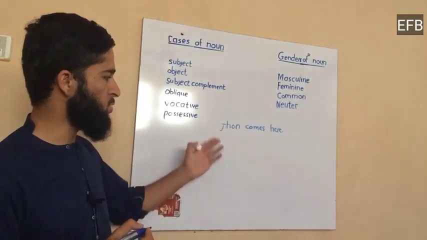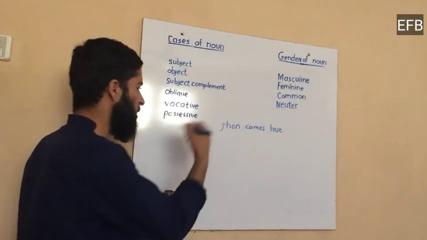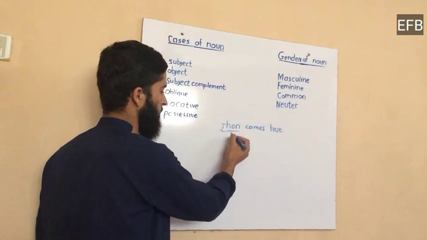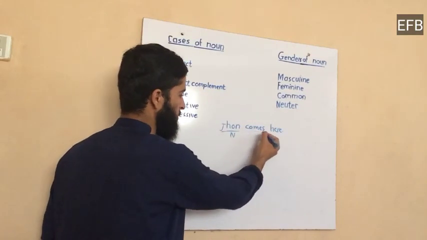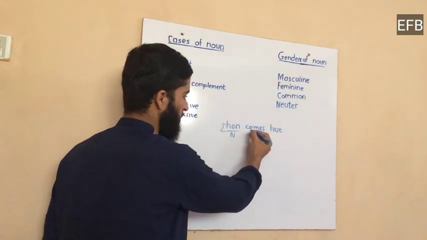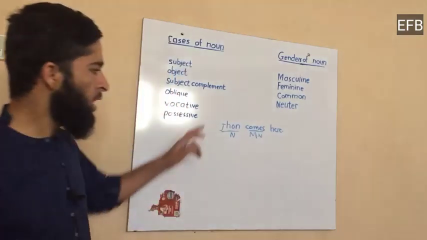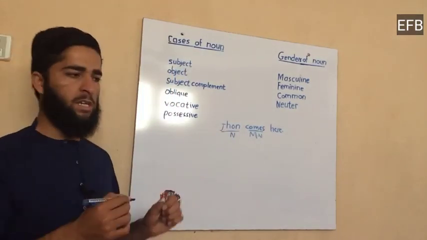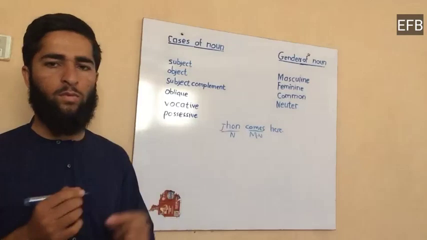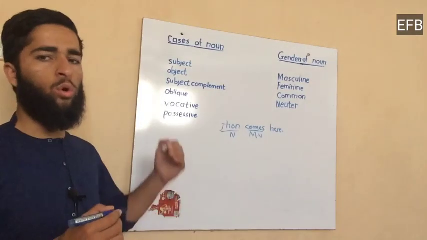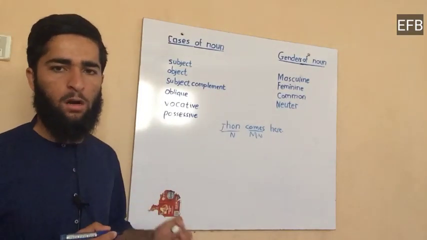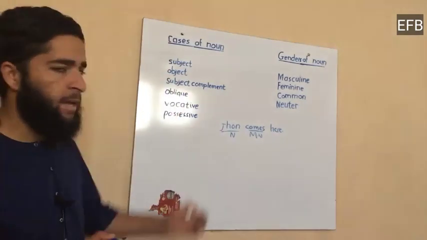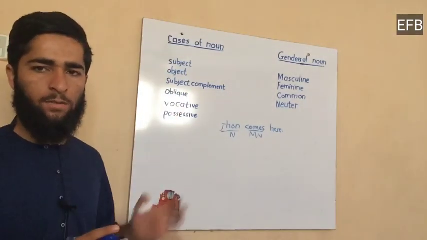What I mean is John is a noun here, and comes is the main verb. Did you get it? It means in subject case the noun comes before the main verb and functions as the subject of a sentence.